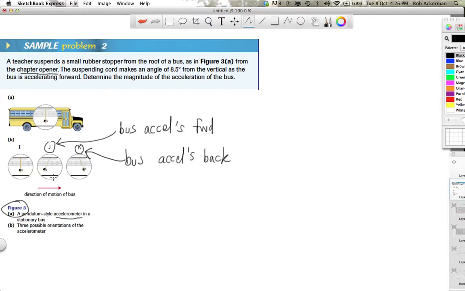In other words, there's an interesting relationship. Rubber stopper goes back, acceleration is forward. Or rubber stopper goes forward, acceleration is back. So right away, a simple hanging mass gives us an idea of the direction of acceleration. It's opposite the direction that the rubber stopper is hanging.